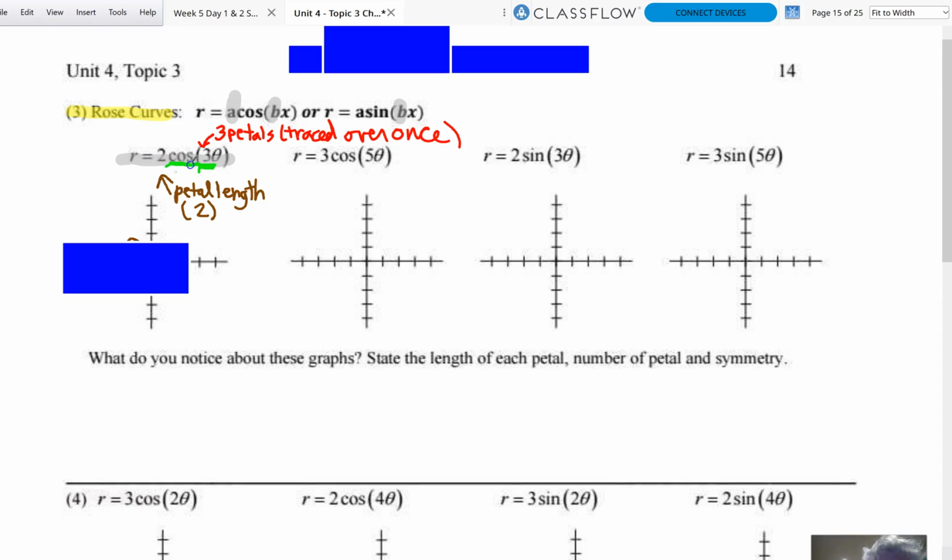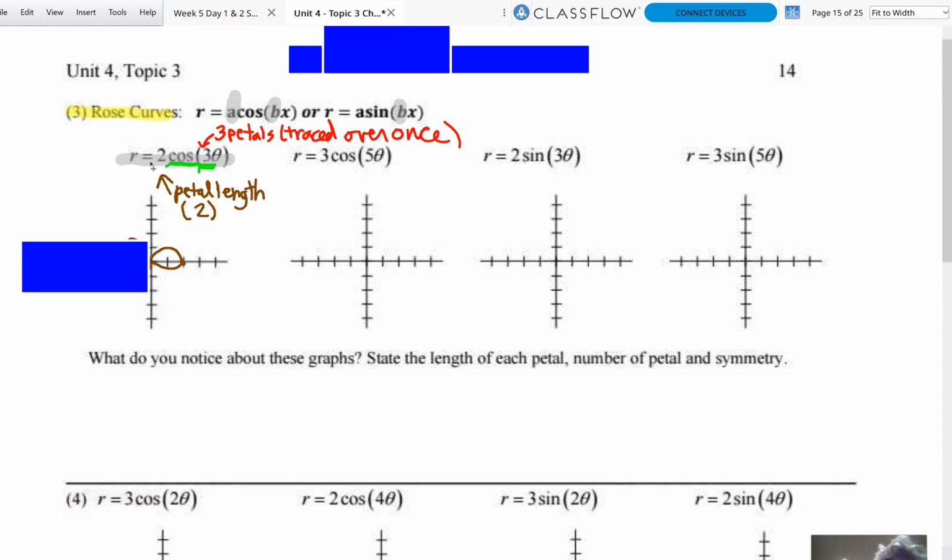Cosine is going to be symmetrical over the x-axis. So if it's got 3 petals that are traced over twice, and it's got symmetry over the x-axis, look at the graph. That first petal goes from 0 to 2. The 2 represents the petal length.